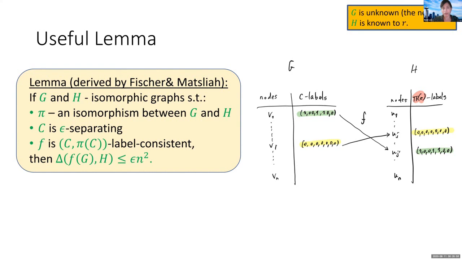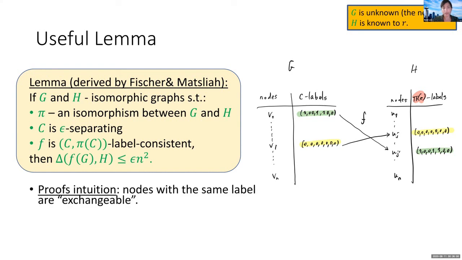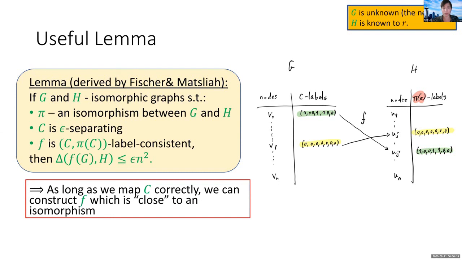The intuition for the proof of this lemma is that nodes which have the same labels are essentially exchangeable because they are similar. So what is implied from this lemma is that as long as we map C correctly, we can construct F which is close to an isomorphism.